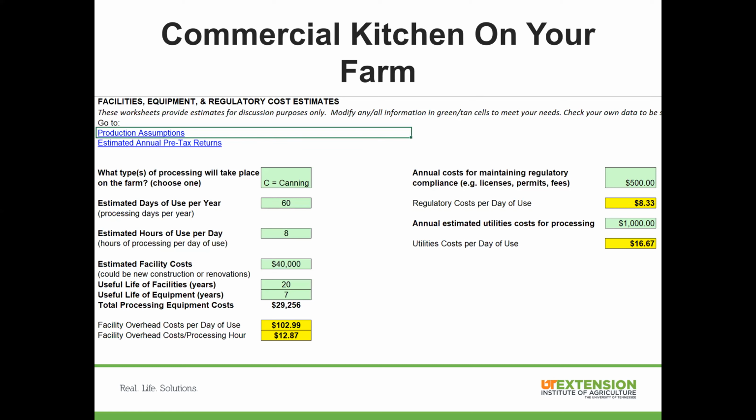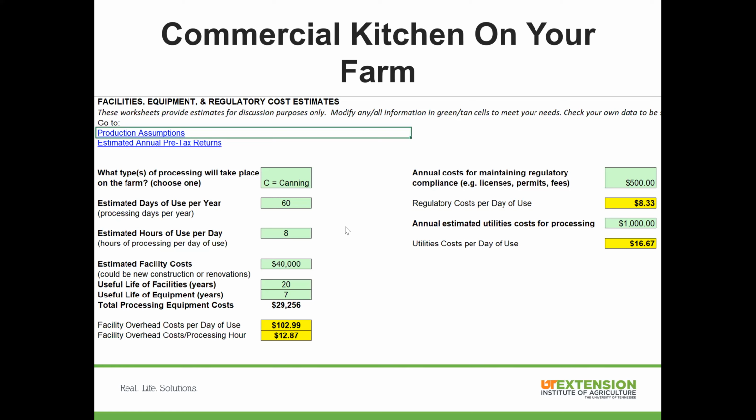Then you would plug in the estimated days of use per year. In this case, how many days a year are you actually going to use the facility for processing? It's not going to be 365 days a year. In this case, we've estimated, hey, we're going to use it 60 days out of 365. And we've also estimated that we're going to use it for 8 hours a day.